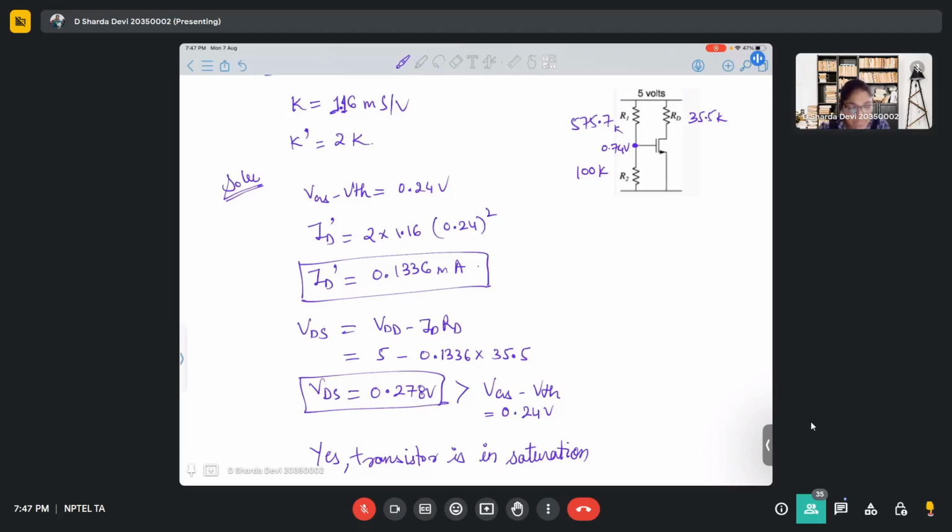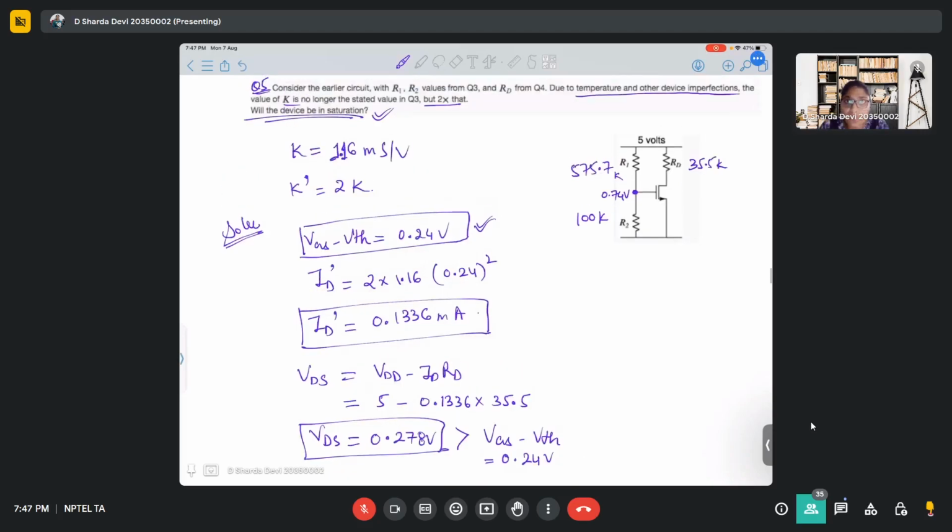Because VDS is greater than VGS minus VTH. What is VGS minus VTH here? It is 0.24, which was from the previous question. Because it is the same circuit, just the analysis has been changed. Very good.